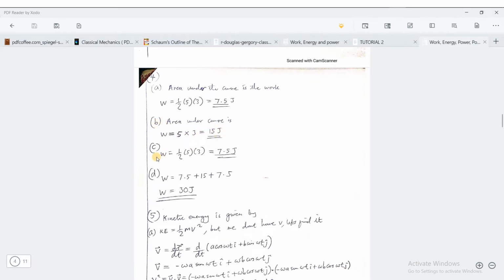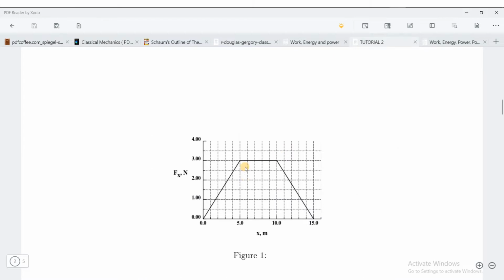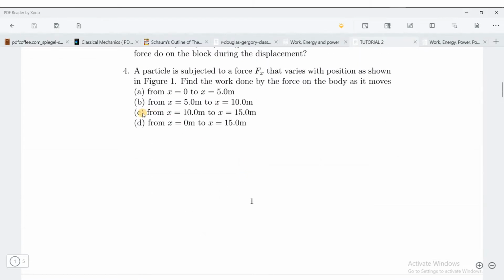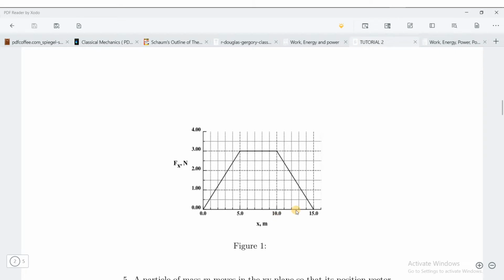That's part B. Part C is talking about the area from x equals 10 to x equals 15. From x equals 10 to x equals 15 we have another triangle, so we find the area of this triangle, which is half base times height.